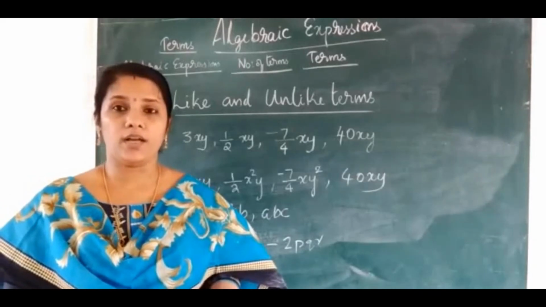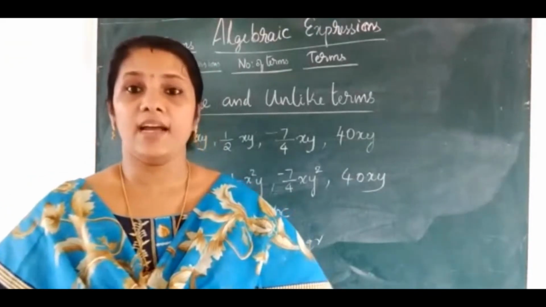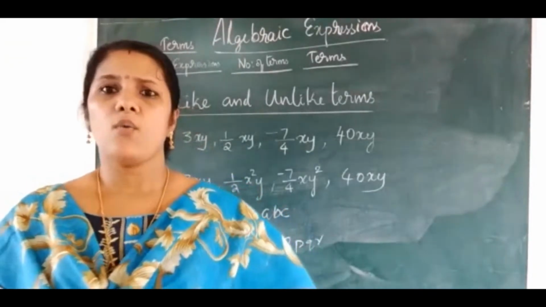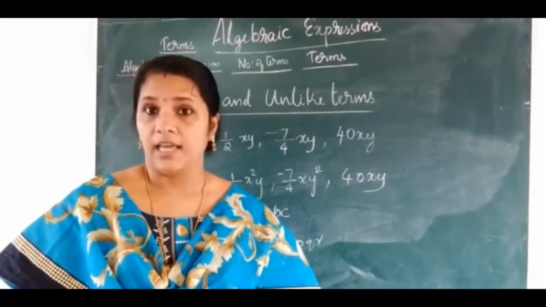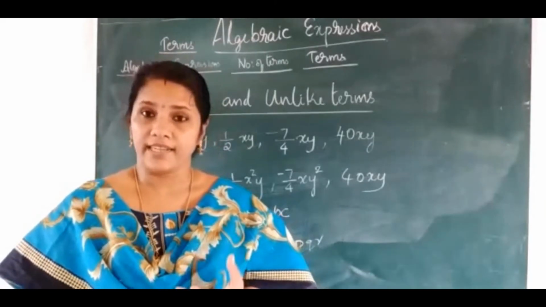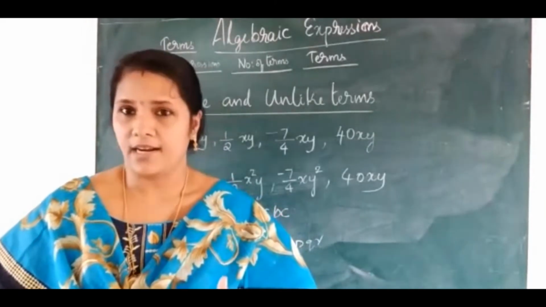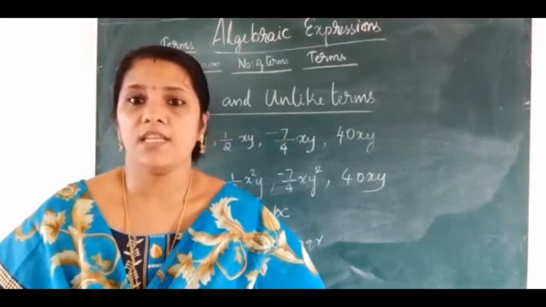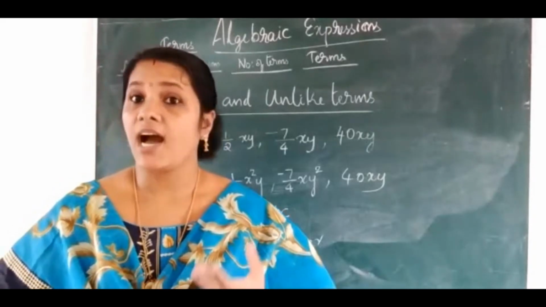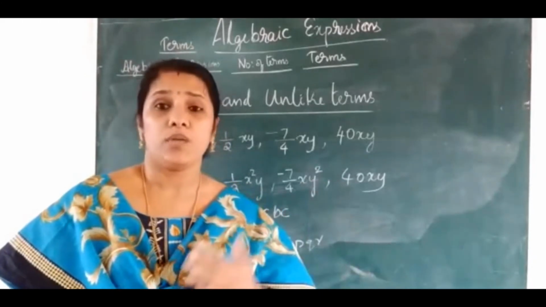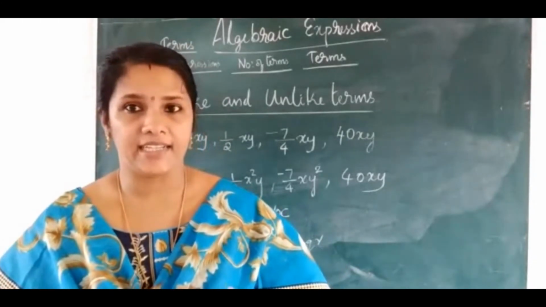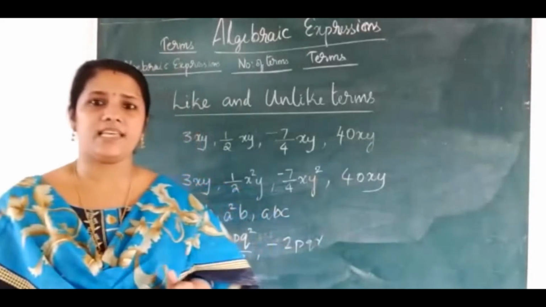Next, we are going to learn about like and unlike terms. What are like and unlike terms? Say, if the terms contain the same letters, the same variables, we can say that they are like terms. And if the letters are different, we can call them unlike terms. Let's see some examples here.